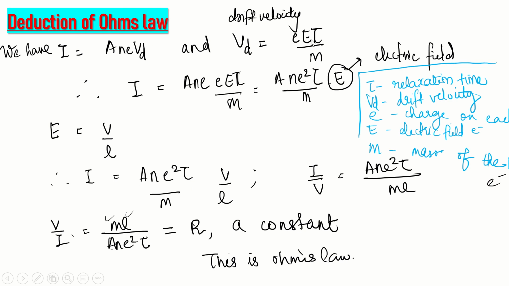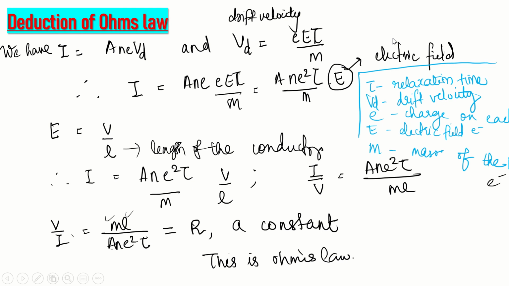So in place of this vd, we'll substitute this. We'll get nAe squared τ by m equals V by L. L is the length of the conductor.